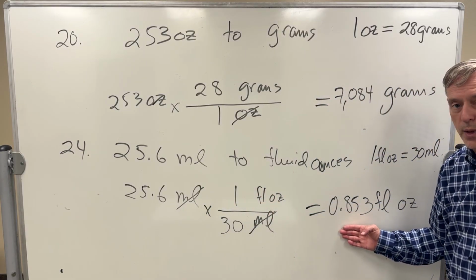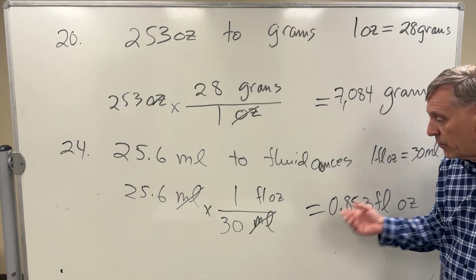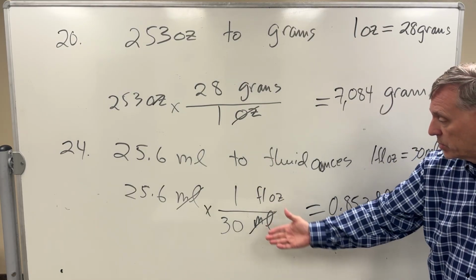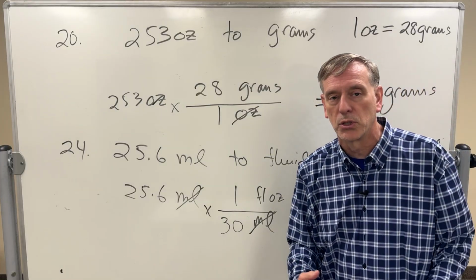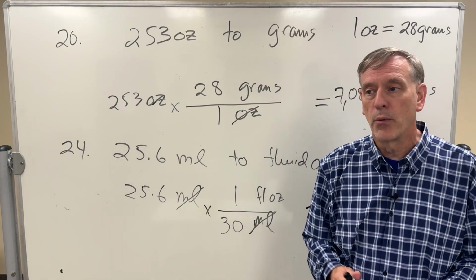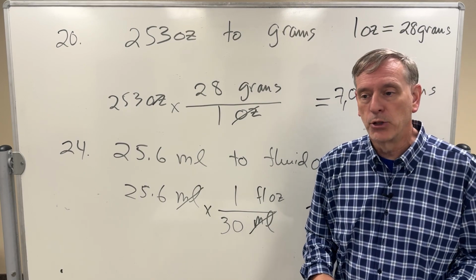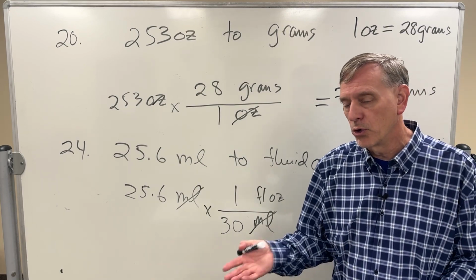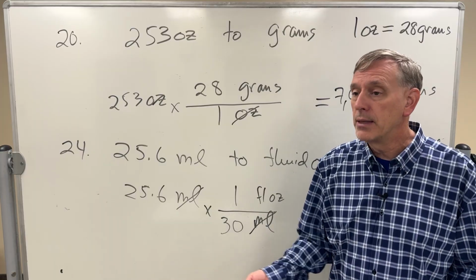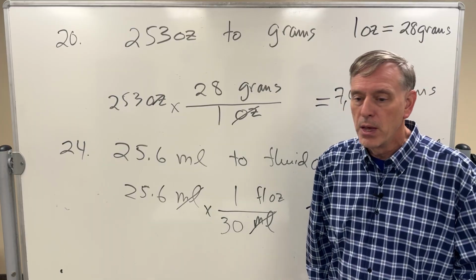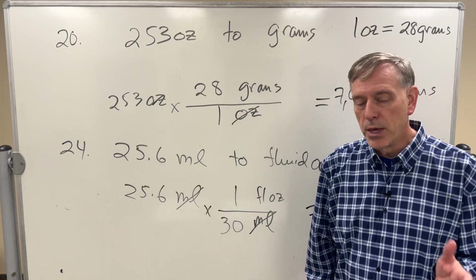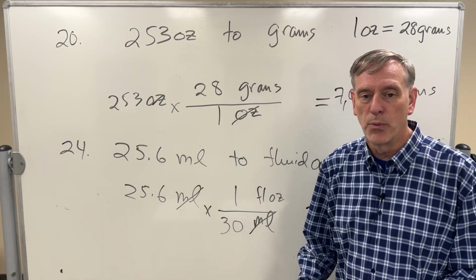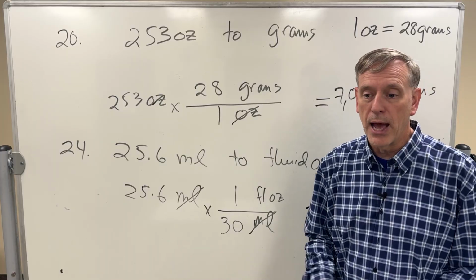And this gives me a number that is divided by 30, 25.6 divided by 30, 0.853. And so dimensional analysis is a protection to make sure that we convert correctly as we convert from either metric to English or English to metric, or even within one of those systems, I'm going to go from meters to some other measure within the metric system. Even then, I might use dimensional analysis to make that conversion.